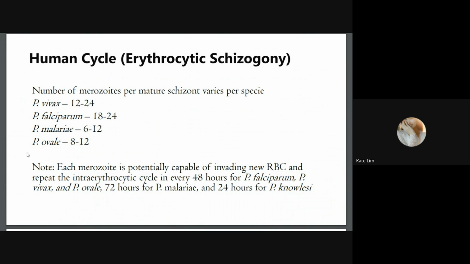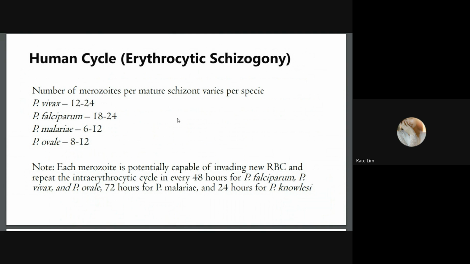That really tells you that Falciparum has a lot of merozoites that can reinvade new RBCs. These merozoites are the next generation of parasites, and each one is capable of invading new RBCs to continue the intraerythrocytic life cycle.